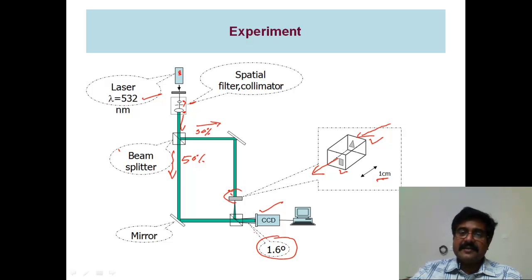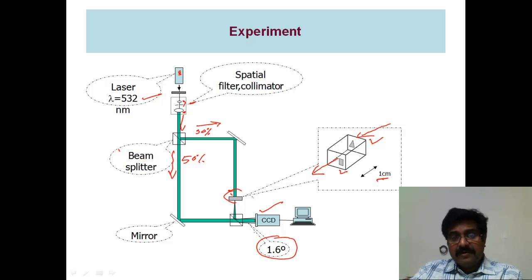That acts like a three-dimensional object with a depth of 1 centimeter. Record the hologram. A single off-axis hologram is recorded, and by using complex wave retrieval, reconstruct the three-dimensional information, which is a complex image.